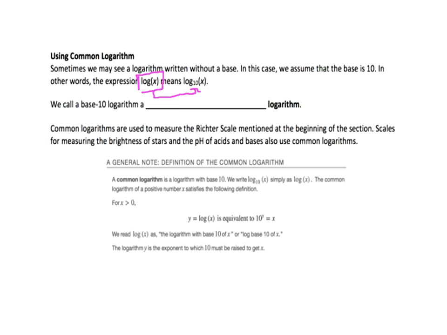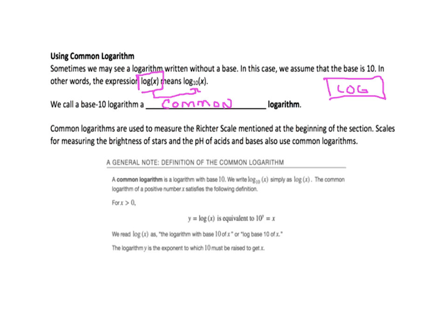So we call base 10 logarithms a common logarithm. On your calculator, you have a button that says log on it, and it's not going to have a base. It is understood that that button is operating in base 10.